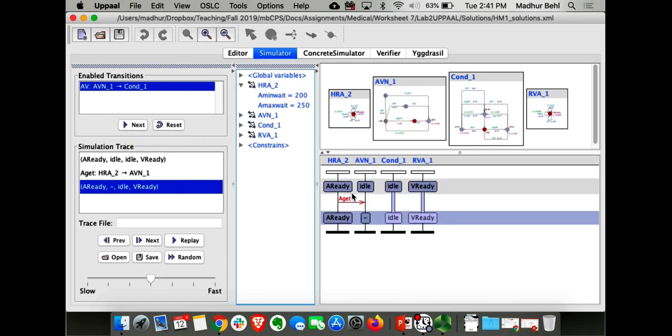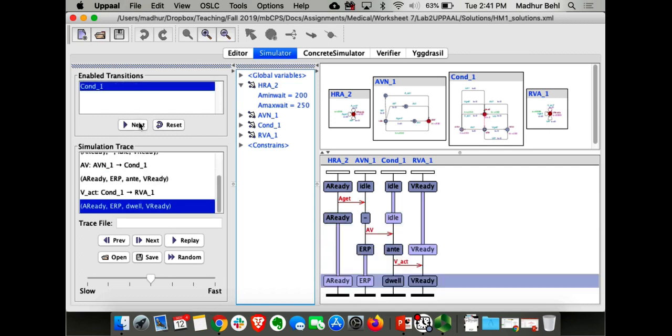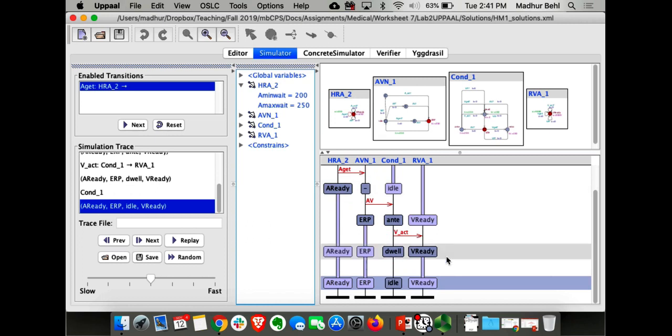So you see, we start from the same idle as normal sinus rhythm. We get A get, this is sent through, and it reaches the ventricle. So at this point, the ventricle has activated from the first atrial beat. And notice how the AV node is in ERP, the path is actually idle.